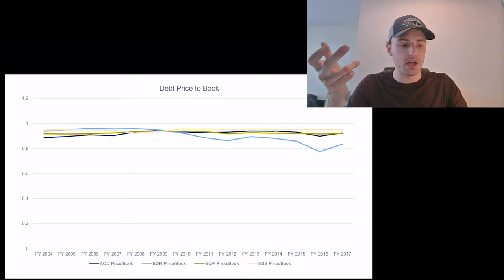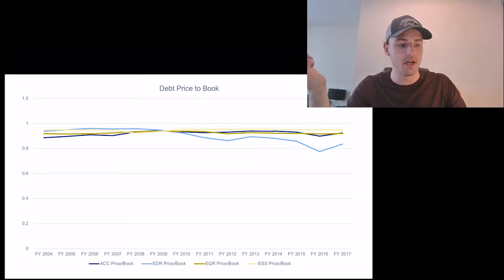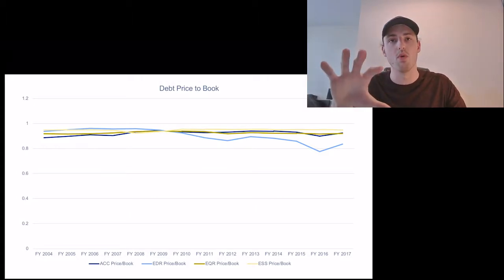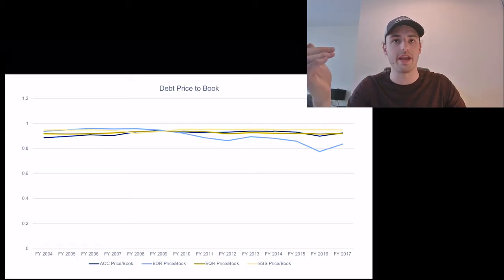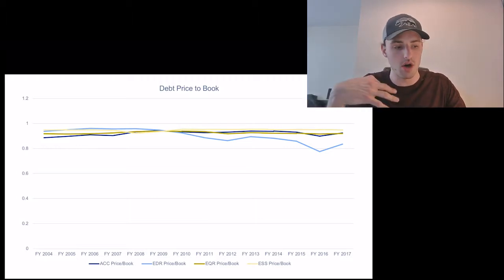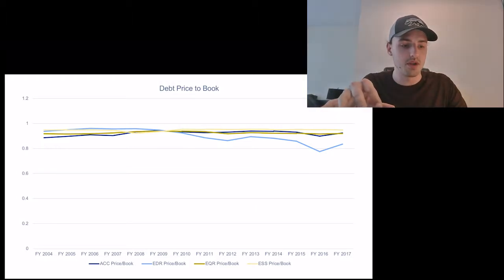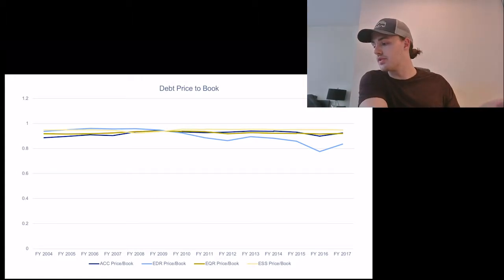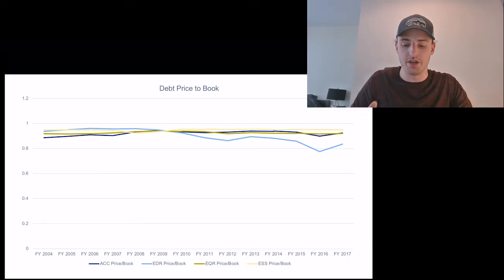This could be because of movements in interest rates, discounts based on default risk assessments, etc. The interesting point of the graph, though, is that it proves that the publicly traded equity in these REITs is trading at irrational premiums, and that it's not an error of some type of accounting misanalysis on my end. So that's one piece to confirm that the equity truly is mispriced.